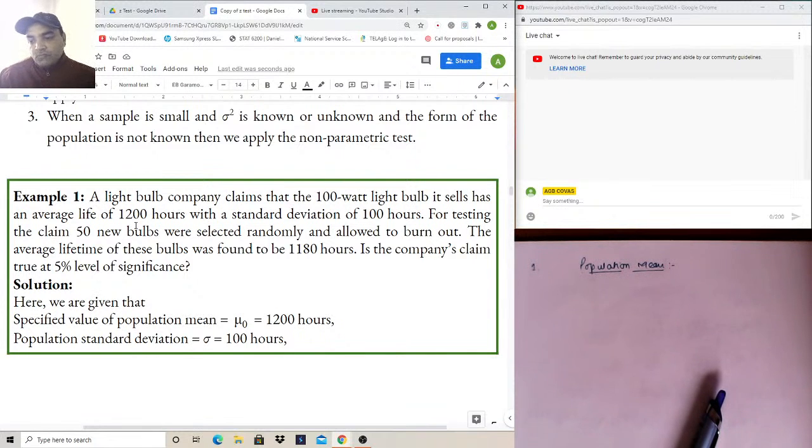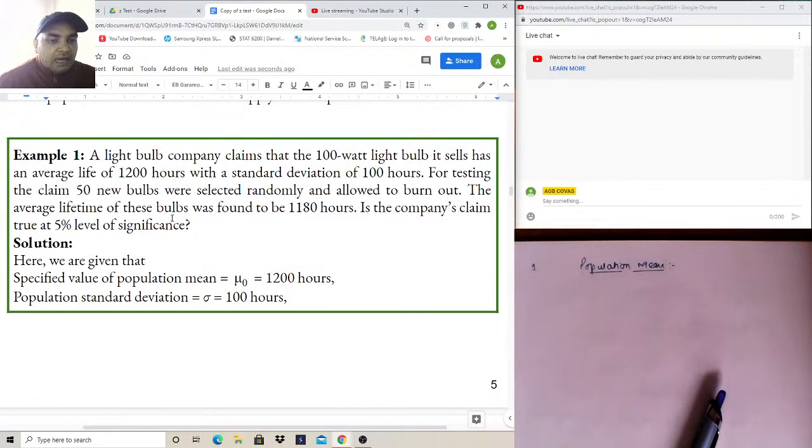Say for example, a light bulb company claims that the 100-watt light bulb it sells has an average life of 1200 hours, with a standard deviation of 100 hours.